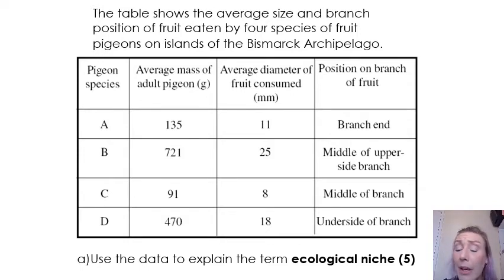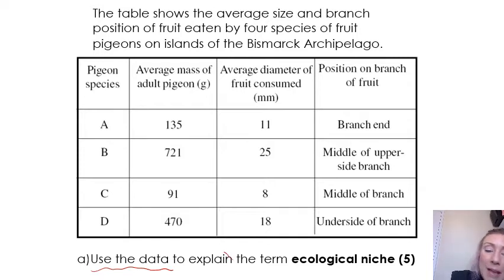Now, remember, in year 13, when you're given data sets, you're given multiple bits of data. And just because you're given data, sometimes you don't really need it. Okay, so try to zone in on what would be important things within the niche of these organisms. Okay, so where do they live and what do they eat? Okay, is there any overlap between the niches of any of these species, or are they separate? Now, if we're going to use the data, the examiner wants you to actually quote back from the data.